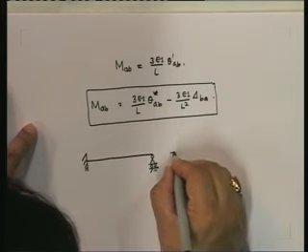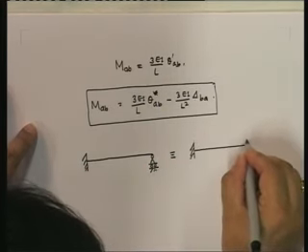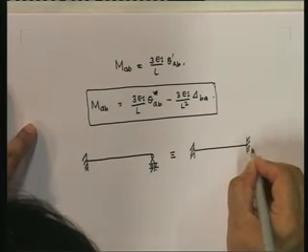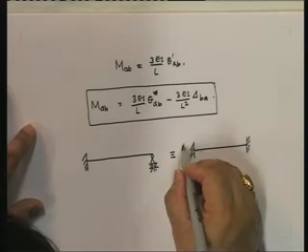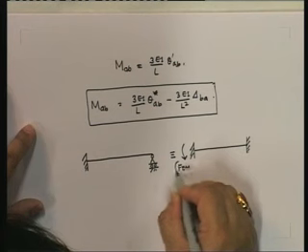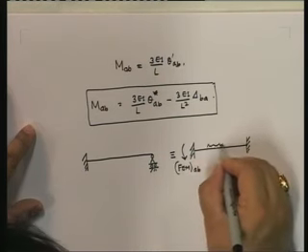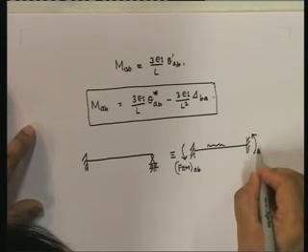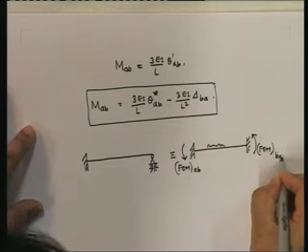This is equal to this, where note that for this we know the fixed end moments, FEM, given any loading, any loading, we know the fixed end moment, and we know BA.